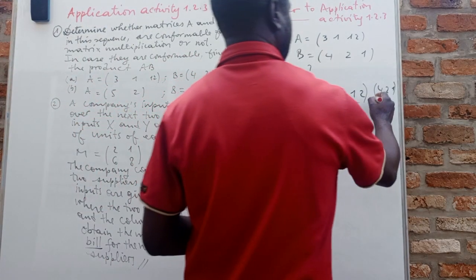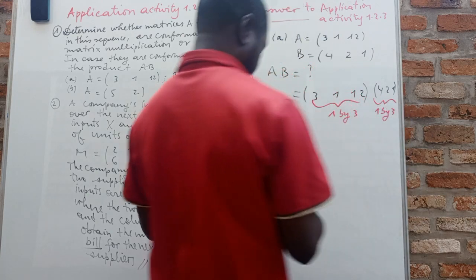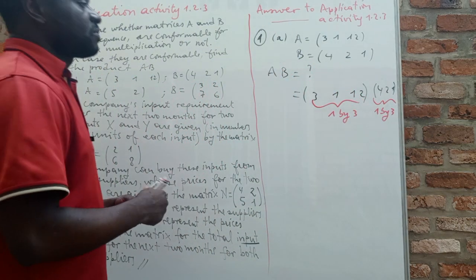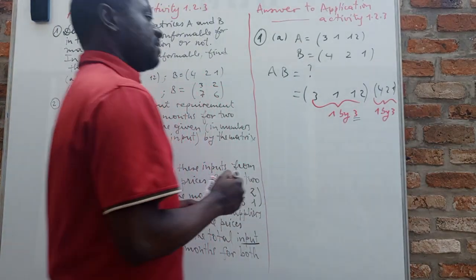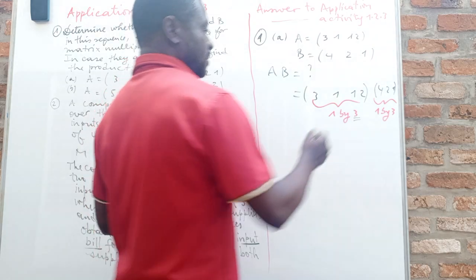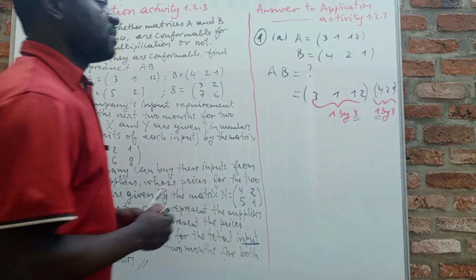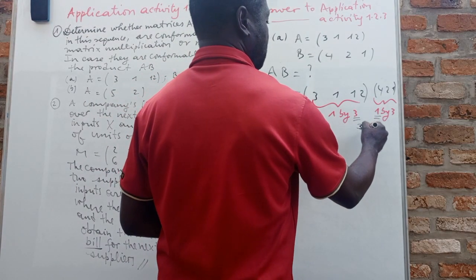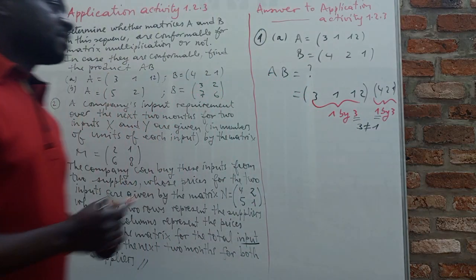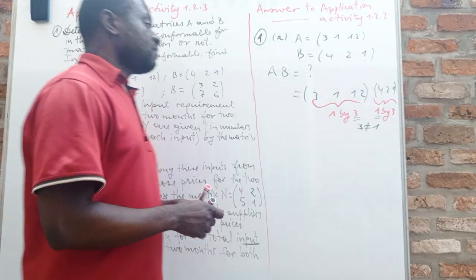The second one is also 1 by 3. According to matrix multiplication, the number of columns is 3 for the first matrix, and the number of rows for the second matrix is 1. So they are different. 3 is different from 1, which means that the two matrices are not conformable.